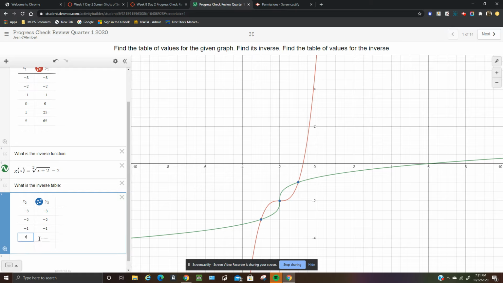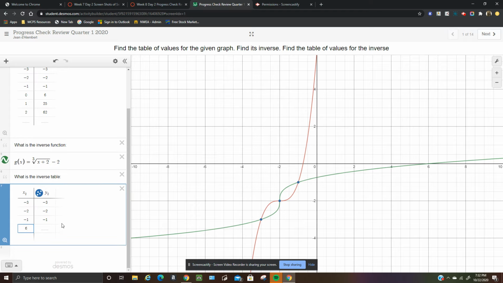Oops. 6, 0. So notice the points show up on the graph. And 25, 1. And that's not going to show up on this graphic because I'd have to make the scale different.